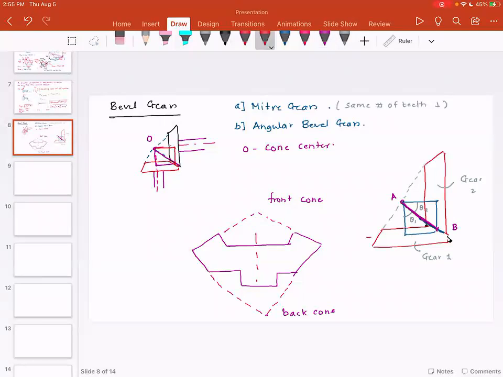This is the pitch circle diameter of gear 1. Here is the pitch circle diameter of gear 2. So this I'm going to call D1, and this D2.